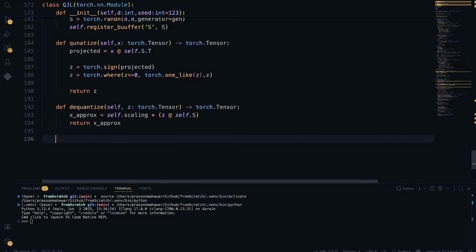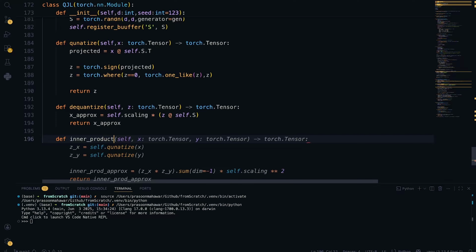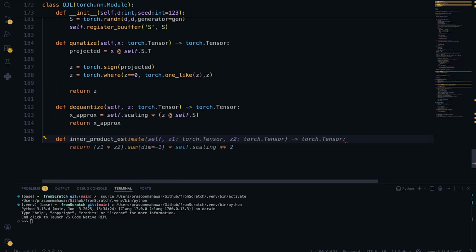And finally we define the inner product estimate.